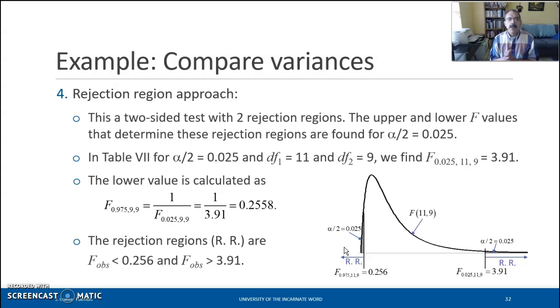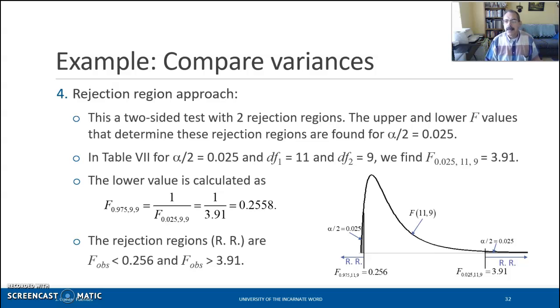All right, so now we need to determine where the rejection regions are. This is a two-sided test. Of course, there are two rejection regions, and to find them, we need to split the significance level in two. So alpha over 2 will be 0.025. If you go to table 7, look at the sheet where the probability is 0.025, then find the column for 11 degrees of freedom, then go down until you find the row for 9 degrees of freedom.